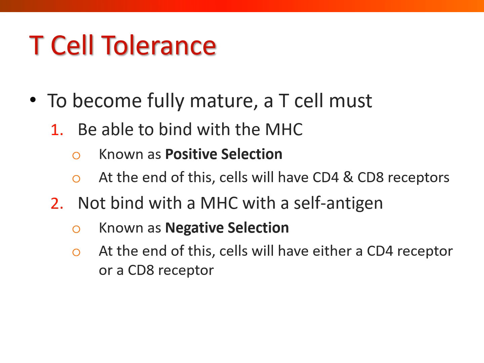All right. Now, once our T cell has made it through both positive selection and negative selection, it's going to have to choose whether it wants to be a CD4 cell or a CD8 cell. Up until this point, it will have both the receptors on it. Kind of like it's covering its bases.